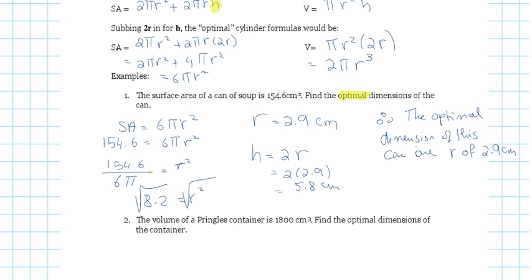What do you think I can add to this? If I want to add another part to this question, what would it be? Find the volume. What kind of volume? The optimal volume, or the maximum volume, right? So I'll ask you to find the maximum volume, and then all you have to do is plug 2.9 into your formula here to find your maximum.